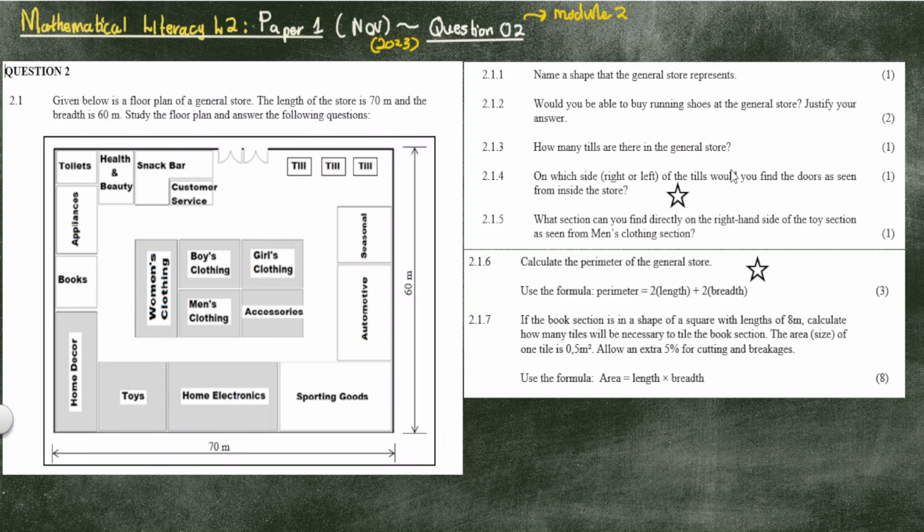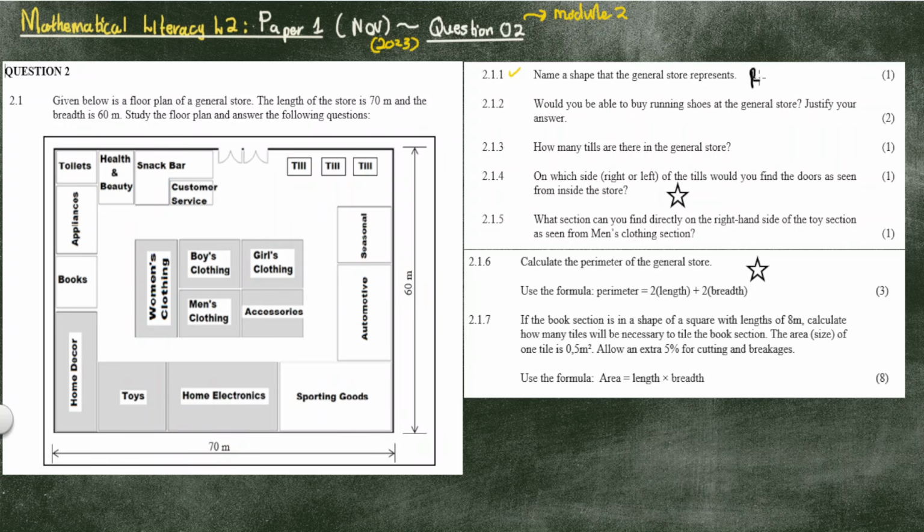Given below is a floor plan of a general store. The length of the store is 70 meters, and the breadth is 60 meters. Study the floor plan and answer the questions that follow. For the first question, 2.1.1, they are asking us to give the name of the shape that the general store represents.